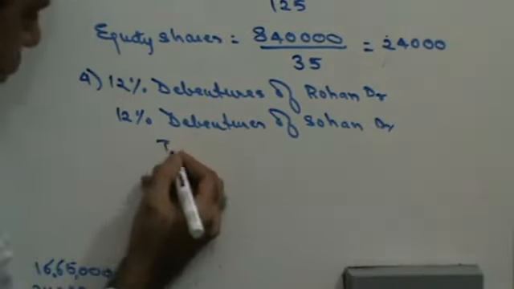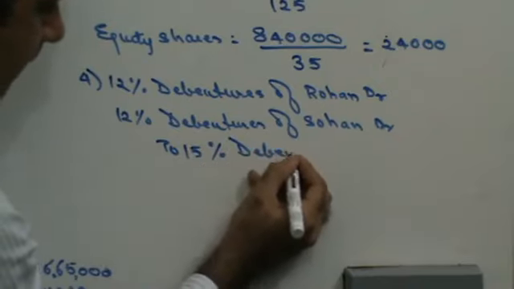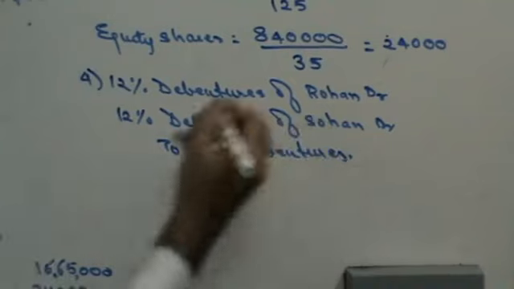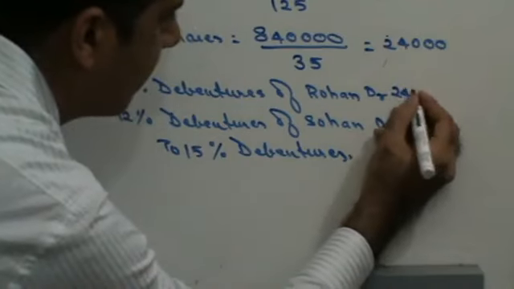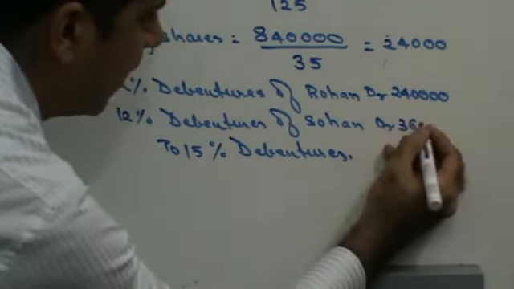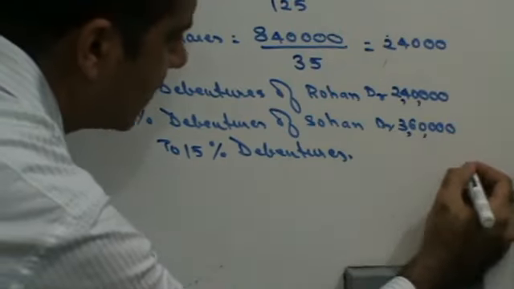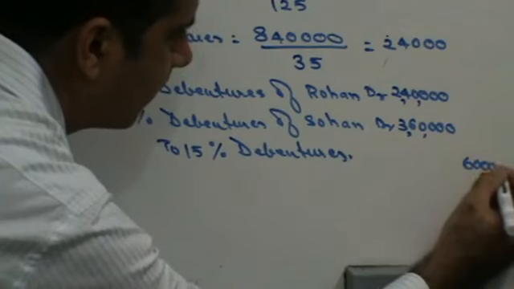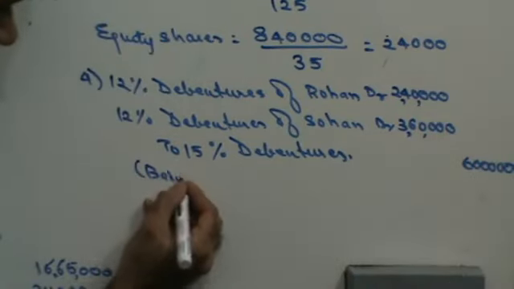Instead of that, you will be issuing new 15% debentures. 12% debentures of Rohan is 2,40,000, Sohan is 3,60,000. So you will be issuing new debentures of 6 lakhs, being debentures exchanged.